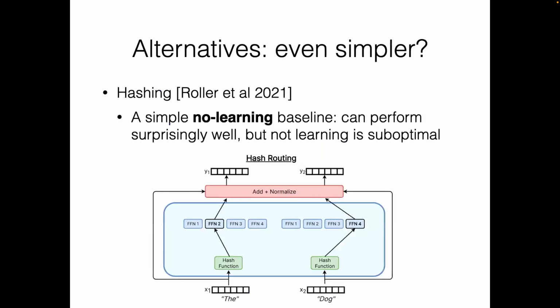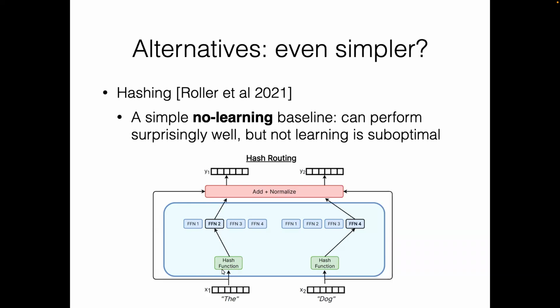Okay, so then you could think about what could we do other than this? I'm not going to go over all the methods. There's been tons of research on this, but just to think about it in broad strokes. One strategy is, can we go even simpler than this top K? People have tried this. So here's something called hashing. Hashing is basically going to have just some deterministic function for taking in the current vector and then choosing an integer between 1 and 4.